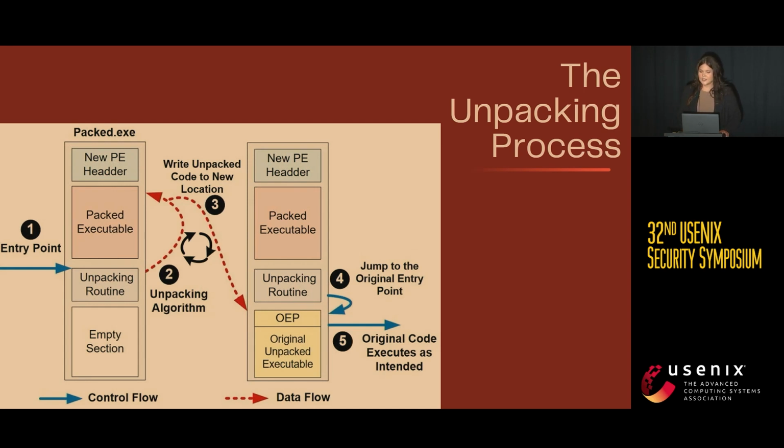After that, the execution flow will jump from the unpacking routine to the original entry point, which will resume malware payload execution. In this way, the actual malicious code stays unrecognizable to the system and malware analysts, and usually they rely on static code features.